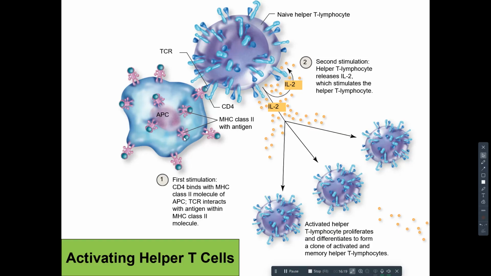Now this macrophage is going to wander on over to a lymph node, perhaps, or someplace with a population of helper T cells. This is a naive helper T cell. He's naive, meaning he has yet to respond to an antigen. So this is going to be an initial response here.